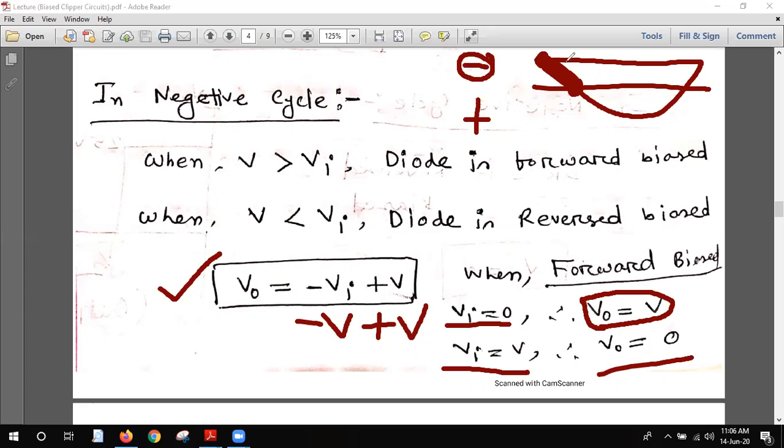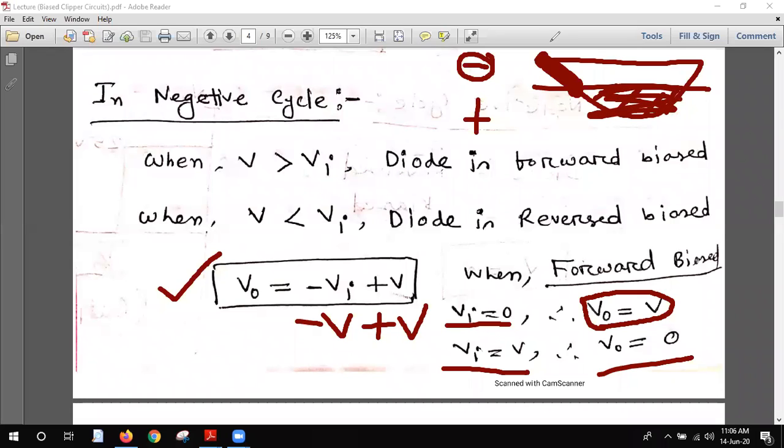So the starting of the negative cycle will be V, and the end of this portion will be 0. This is for the forward bias. And whenever there is reverse bias, we all know the output will be 0. So for this whole big region, the output will be 0.